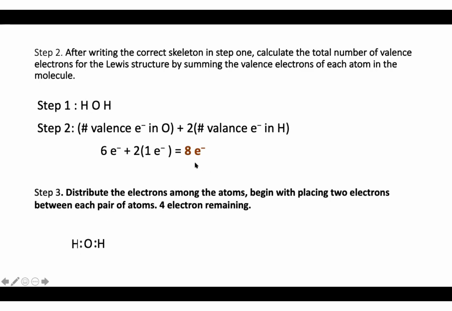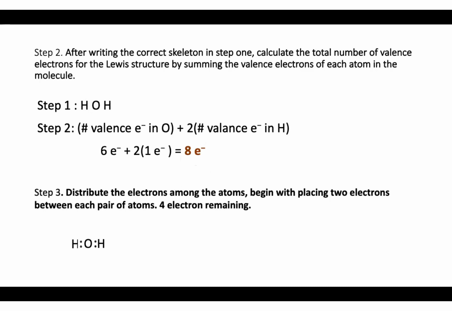Make sure we cannot use more than the 8 electrons we calculated for the compound. You are not allowed to put more than 8, because that would just be making up new rules.